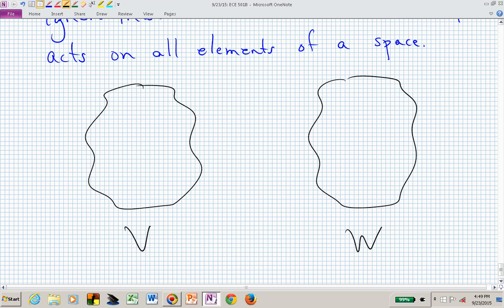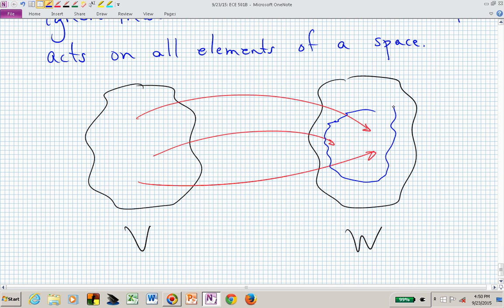The comment from the class was that the vectors in the domain will only go to a limited location or area in W in this diagram. So let's say I go here and I go here, and it's not necessarily the same point.